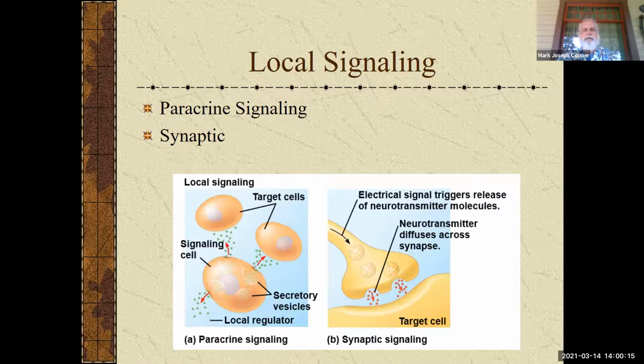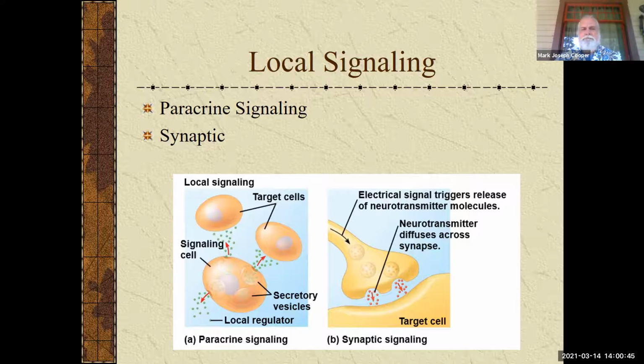And then it diffuses across and hits target cells that are right next to it. I always think of a pancreas for this one, which is not the same term, but if you know anything about the digestive system, the pancreas wraps around the outside of the intestines and is secreting enzymes into the small intestine for digestion. So that's a way of thinking of it.